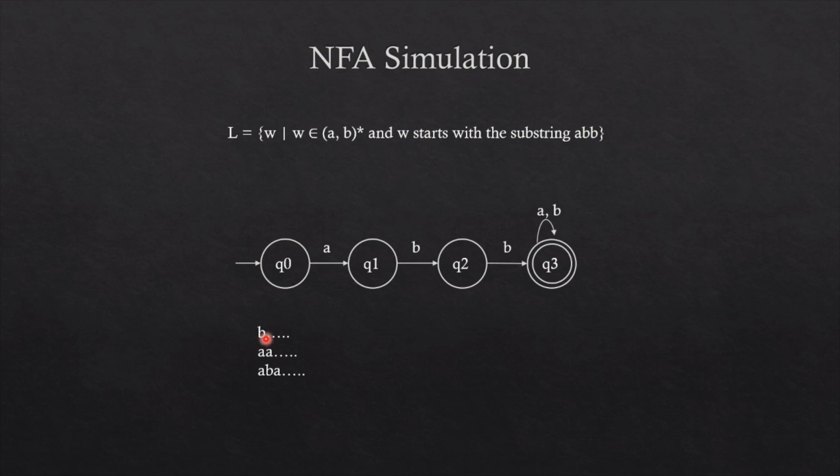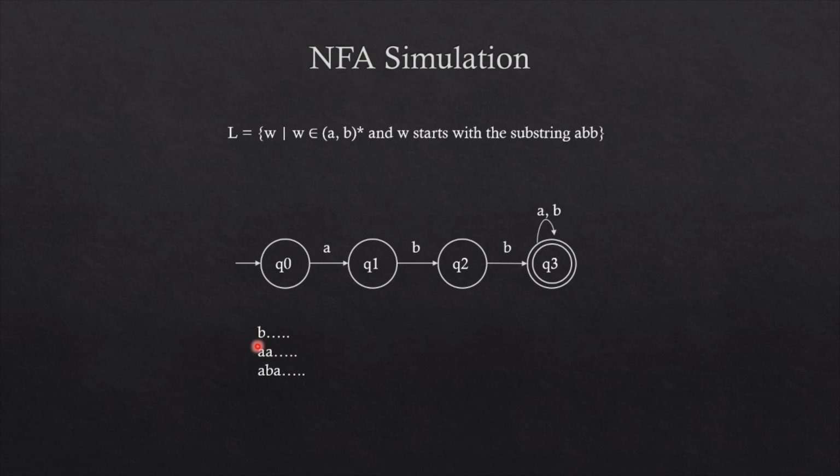So if it starts with B, it already reaches a dead configuration. If we see an A first, that means we're hopeful. It goes to Q1, and if we see an A after that instead of a B, then this flow will die. Again, a dead configuration.